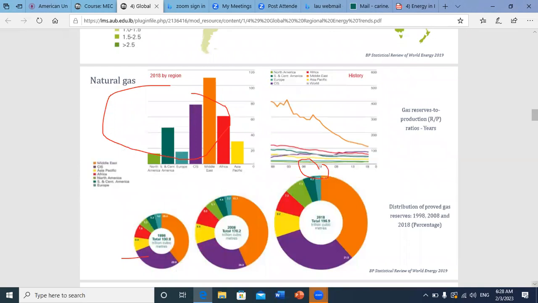Now, if we observe natural gas, we can see the Middle East is also one of the zones where you have a lot of resources.